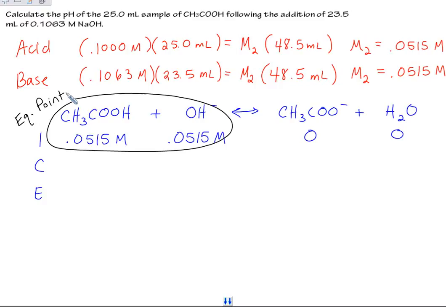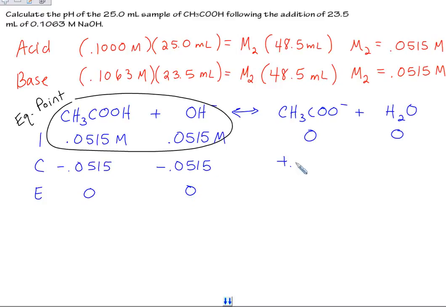Now, this was wonderful in the strong acid, strong base titration. We reacted the original hydrogen and hydroxide as completely as possible. All we formed was water, and it was a no-brainer. The final pH was 7. Unfortunately, this one's going to suck a little bit. We're going to react these as completely as possible, so we will bring these reactants down to 0. 0.0515 down to 0.